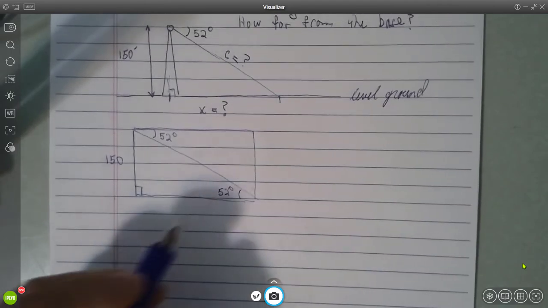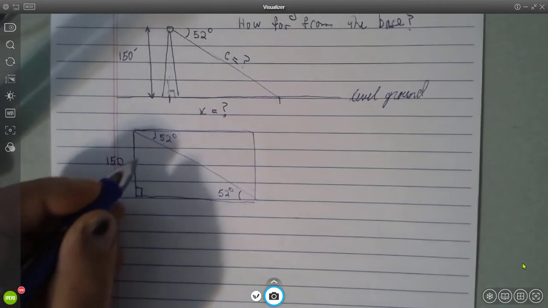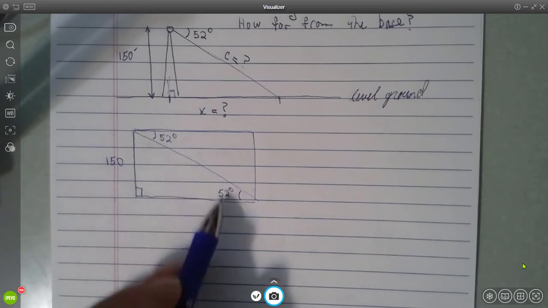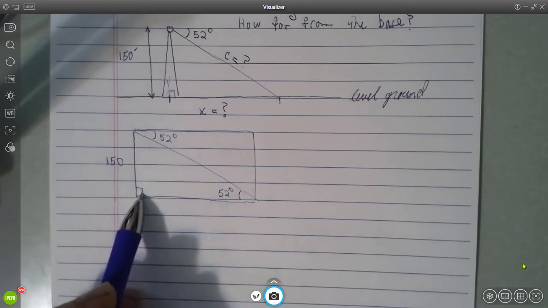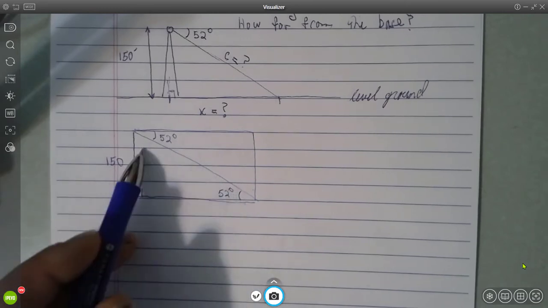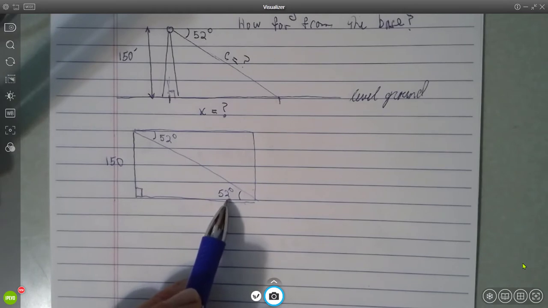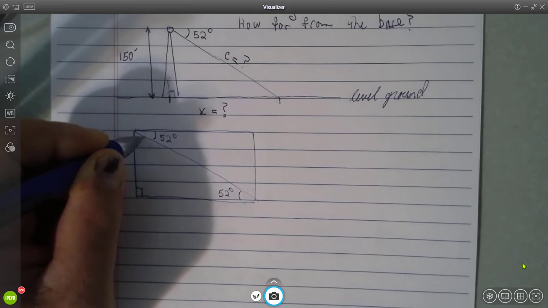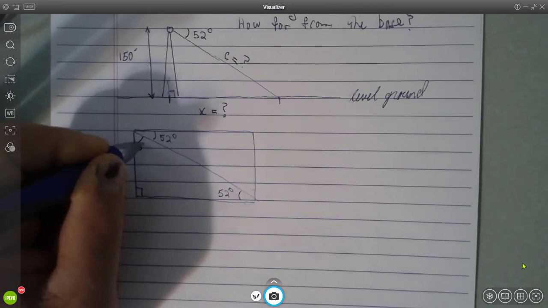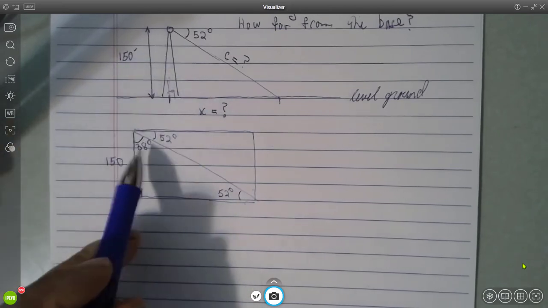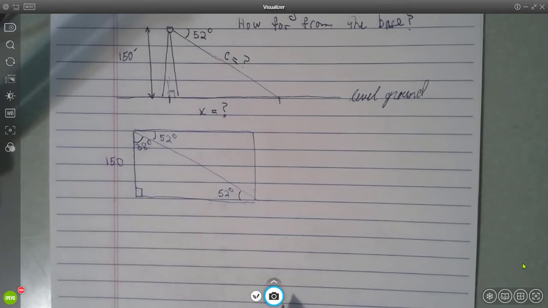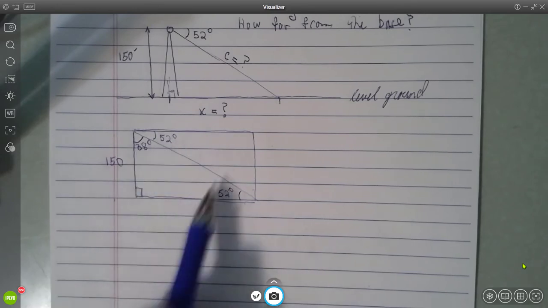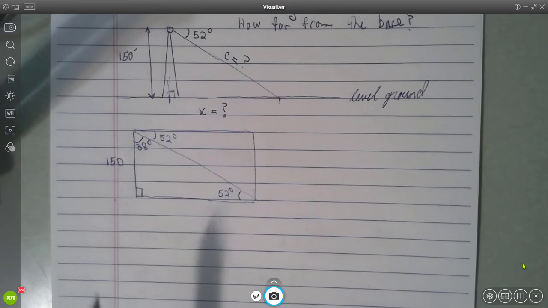Once we know that, then we know that of the 180 in this triangle down here, we've used 90 for the right angle, so 90 remains, and we used up 52 on this interior angle, so this angle up here must be 38, so that these three will sum up to be 180. All right, we know all three angles, and we know one side.